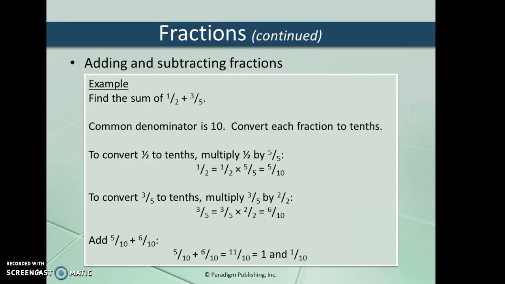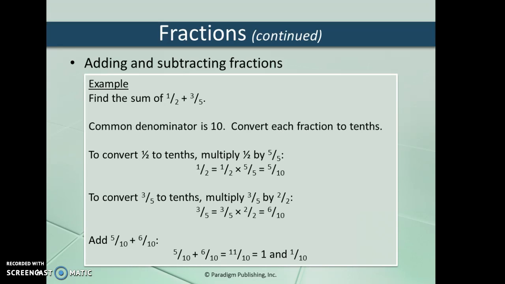To convert 1/2 to tenths, multiply 1/2 by 5/5. So 1/2 times 5/5 is equal to 5/10. To convert 3/5 to tenths, multiply 3/5 by 2/2. So 3/5 times 2/2 is equal to 6/10.